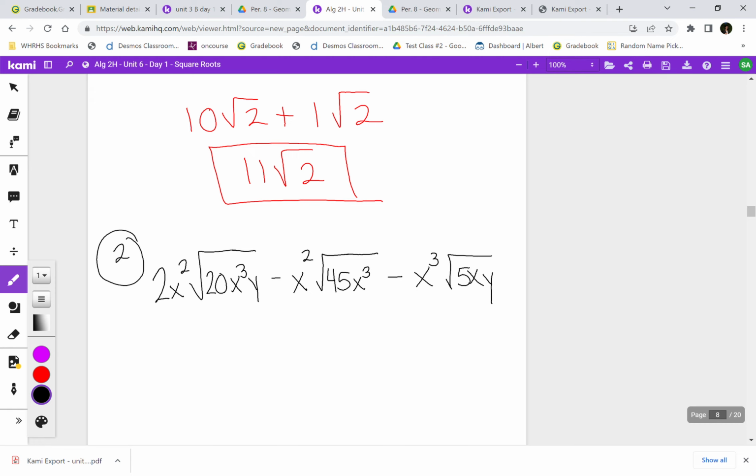I had 3 in the second. 45x cubed. Oh, thank you. Is that better?